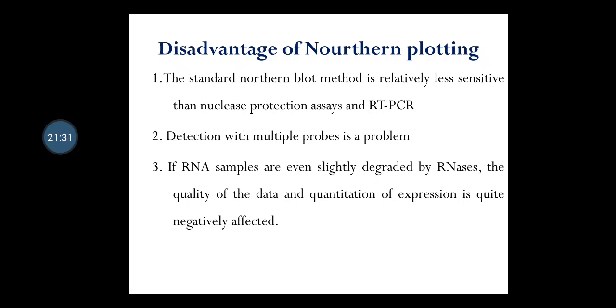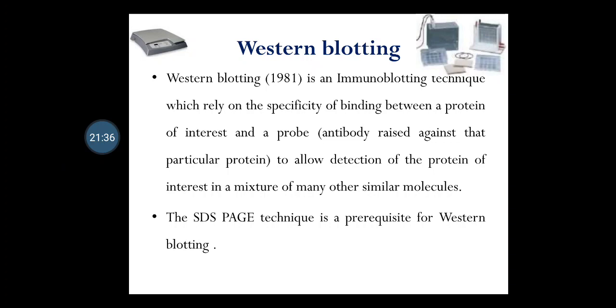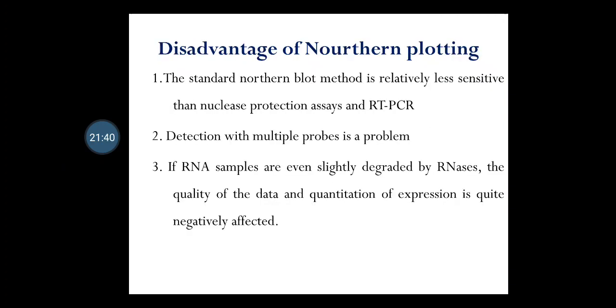These are some disadvantages of the northern blotting technique. The standard northern blot method is relatively less sensitive than nuclease protection assays and RT-PCR, that is reverse transcriptase polymerase chain reaction.